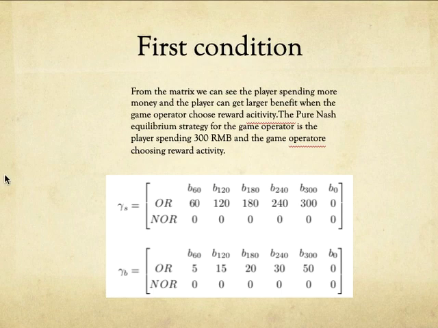So for the first condition, if the players want to buy the virtual goods, and he also wants those consumption rewards.